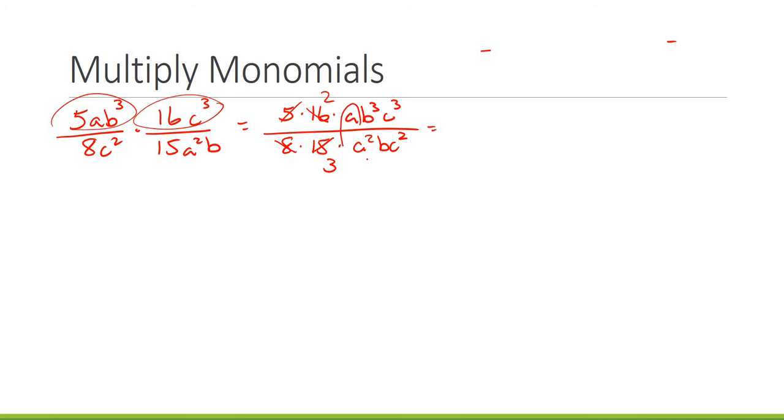At my variables, a over a squared. I'm going to write my 2/3 first before I lose track of them. A over a squared is an a on the bottom. B cubed over b, 2 extra b's on the top. And c cubed over c squared, again, 3 minus 2 is 1. So I've used my exponent rules for the variables and used factoring for the numerics.